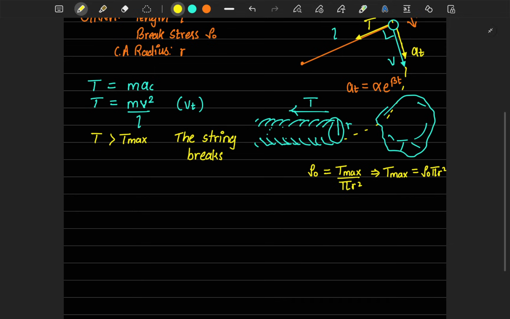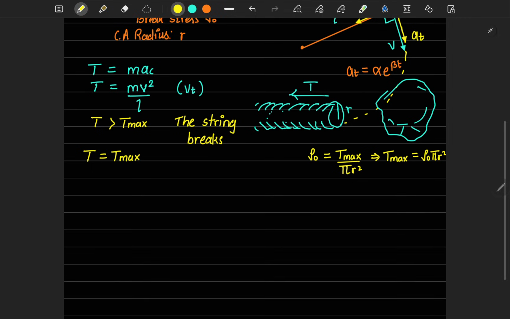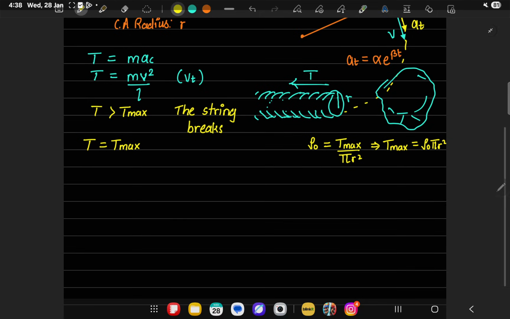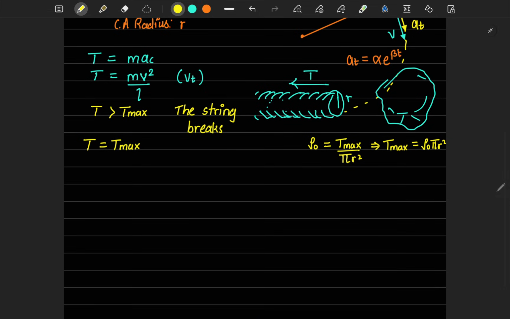So let's substitute the value of T equal to mv square by L. Our boundary case is when T becomes equal to T max, that is when the string will break. So we have to find at what time T becomes equal to T max, and we know T is equal to mv square by L, and our T max is rho naught into pi r square.